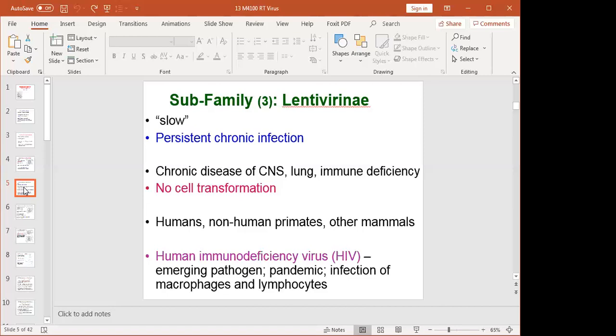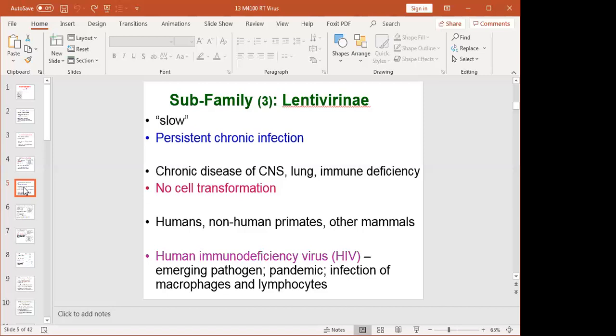A prime example of viruses in this family is human immunodeficiency virus, or HIV, an emerging pathogen that causes pandemic infection around the globe, similar to the coronavirus that we're currently facing.